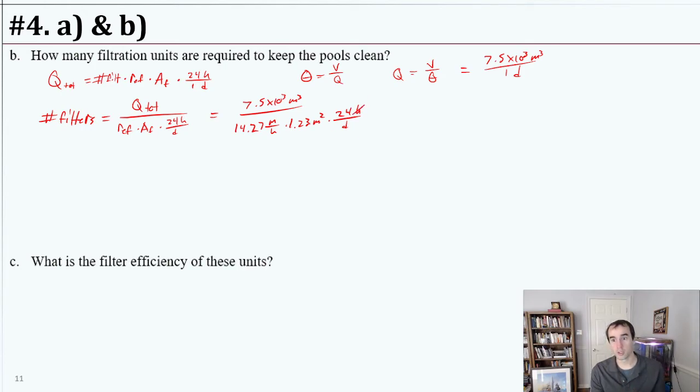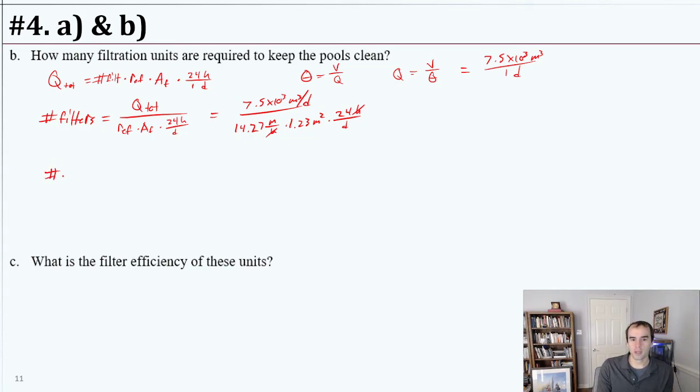So that gets rid of our hours there. And we're left with cubic meters on top, cubic meters on bottom, per day on bottom. This should be cubic meters per day there as well. So the units should all cancel out nicely that way and give us just a final value here.